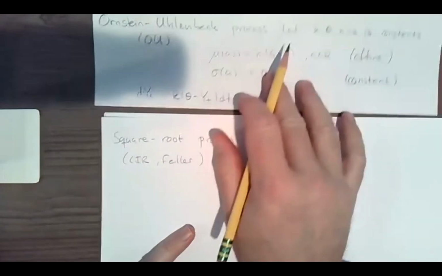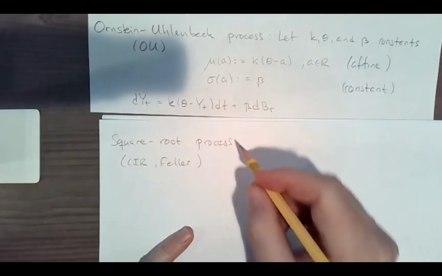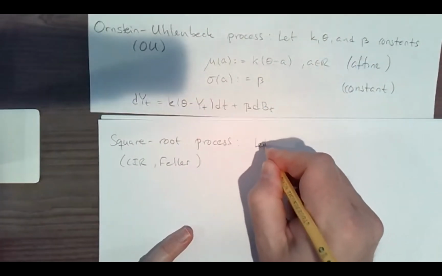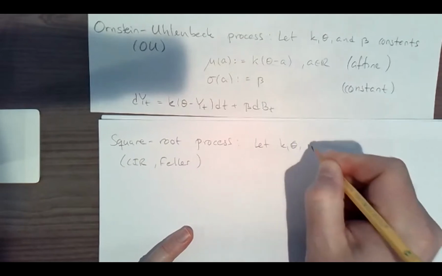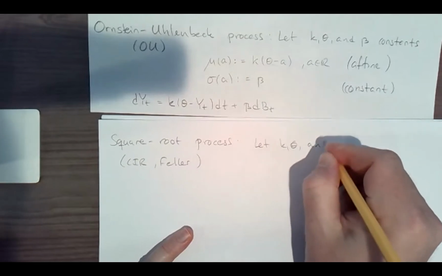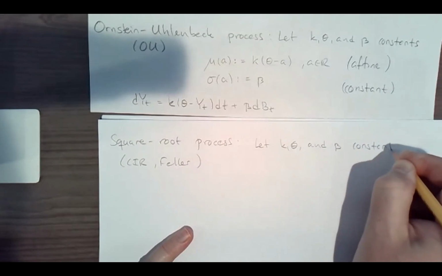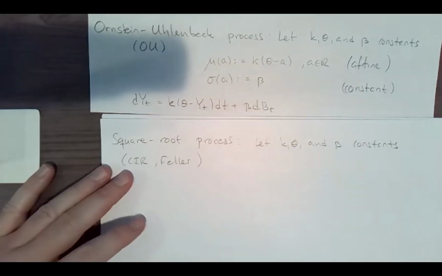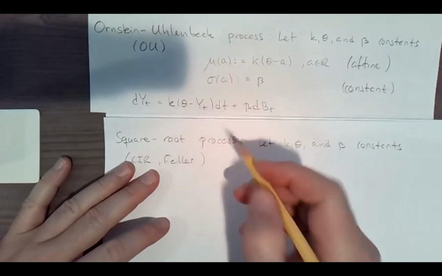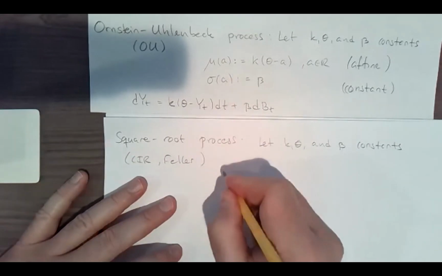So again, we're going to have these coefficients. We're going to be considering constants kappa, theta, and beta, and we're going to take mu to be exactly like in the Ornstein-Uhlenbeck case.